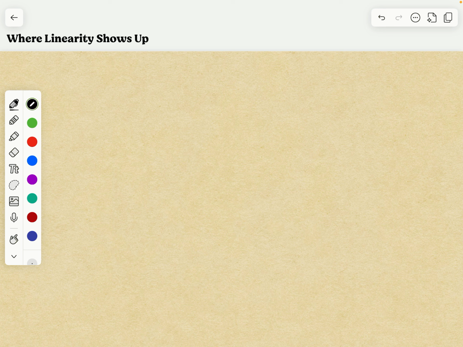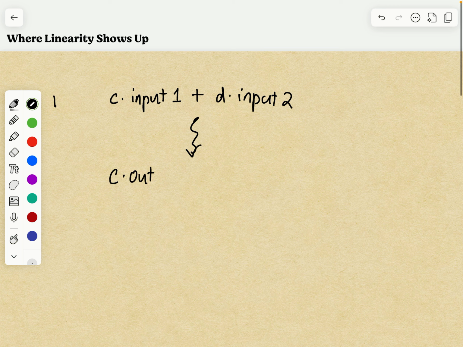You have some process that takes, say, C times input 1 plus D times input 2. And after doing the process, if you think of this as your input, then the output of this has to be C times output 1 plus D times output 2.